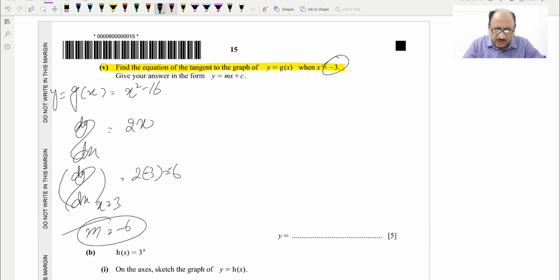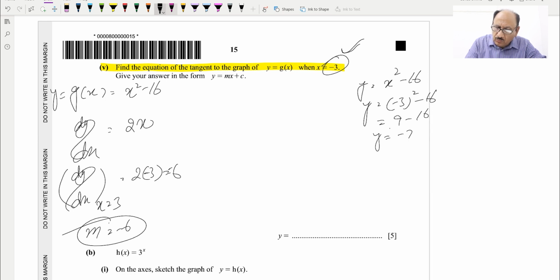Now we have the equation y is equal to x² - 16. Replacing x with -3, we get y is equal to (-3)² - 16, which is 9 - 16, and this will be equal to -7.